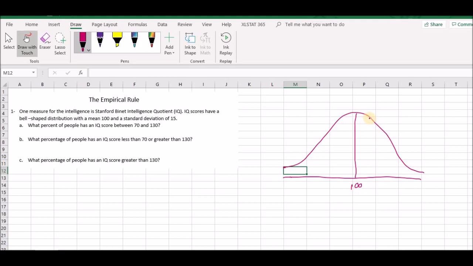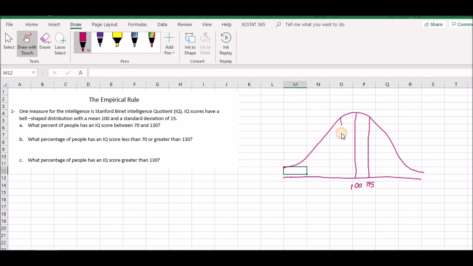Then the empirical rule states that 68% of the data lies within one standard deviation of the mean. So if you add one standard deviation to 100, you land at 100 plus 15, which is 115.